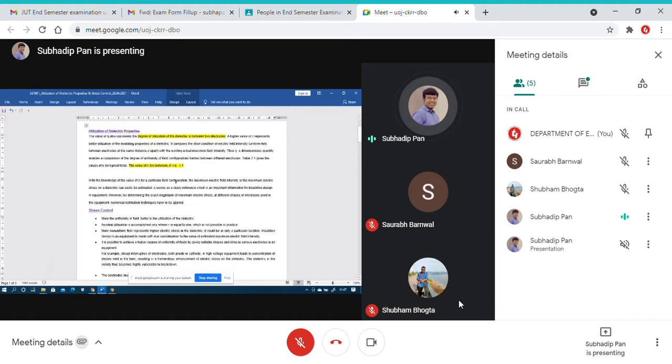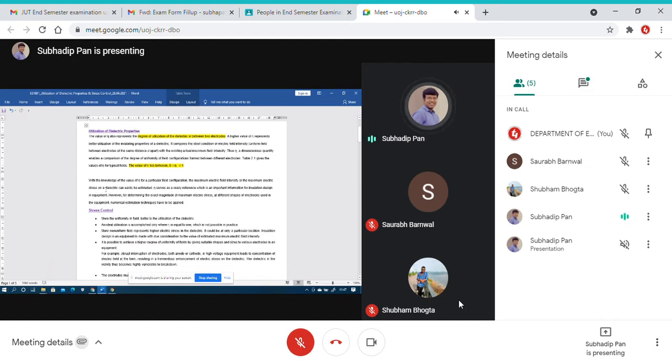For the practical field configuration, mu equal to 1 theoretically applies, but practically it does not occur. Theoretically the value of this factor is from 0 to 1, but practically it should not reach 1. It may be somewhat less than 1, right?